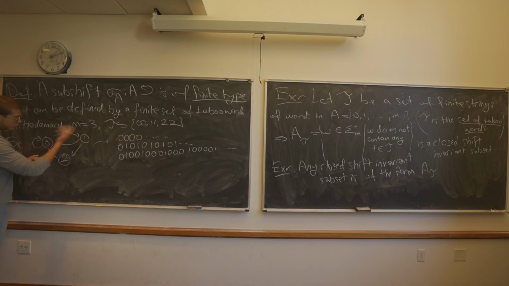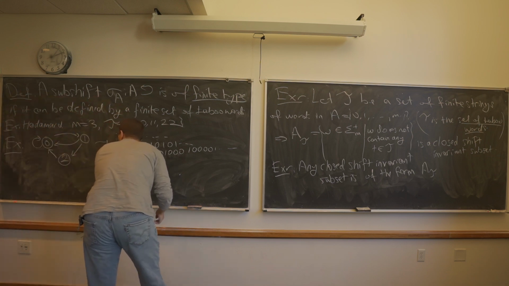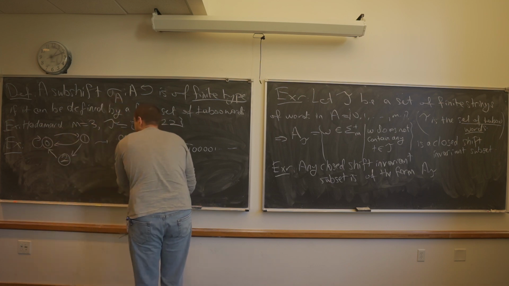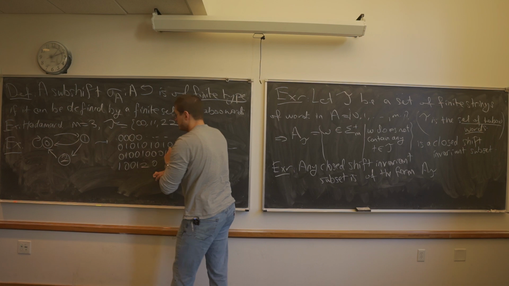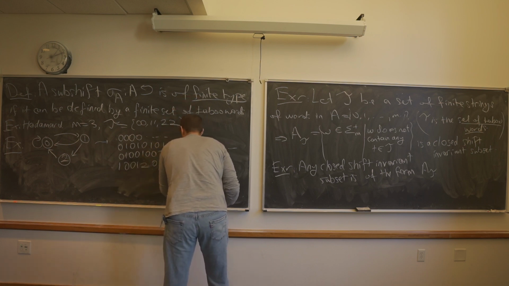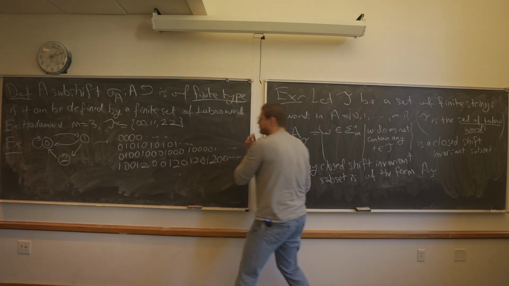I can start at 0, or maybe let's start at 1. 1, 0, 0, 1, 1, 0, 0, 1, 2, 0, 0, 1, 2, 0, 1, 2, 0, 1, 2, and then maybe the rest is all zeros.